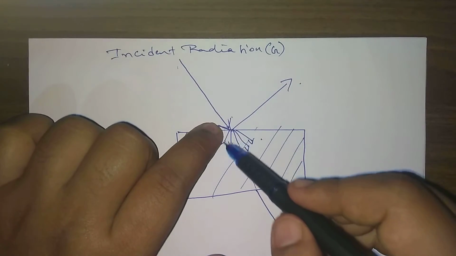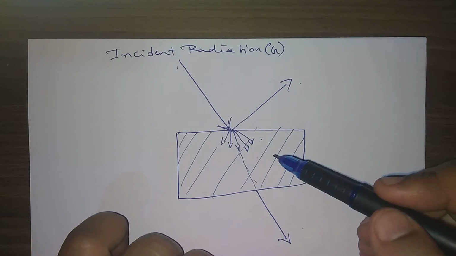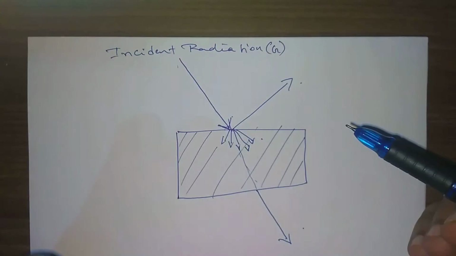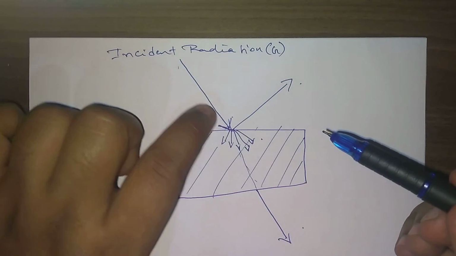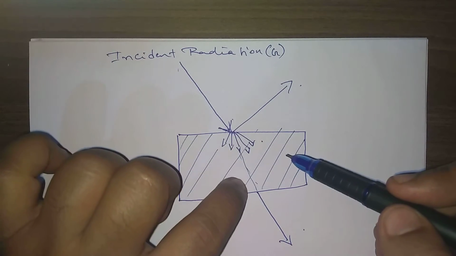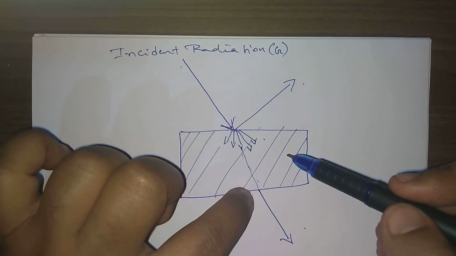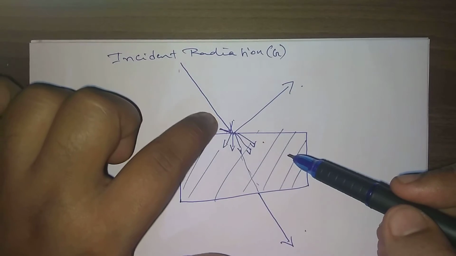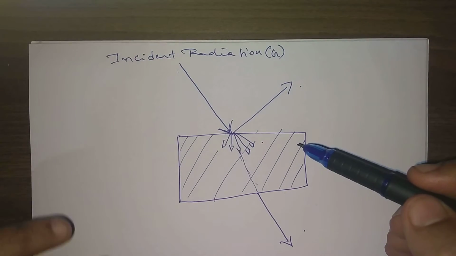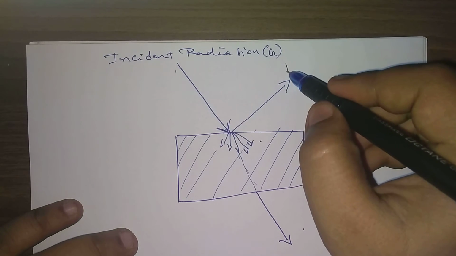Some of the radiation is absorbed, some is allowed to pass through, transmitted, and some reflected. That means part of the radiation incident on the body is absorbed into the body, part of it is transmitted through the body, and part of it is reflected from the body.